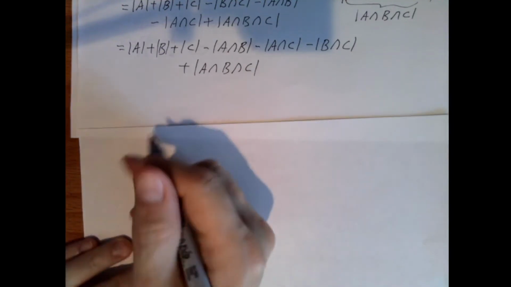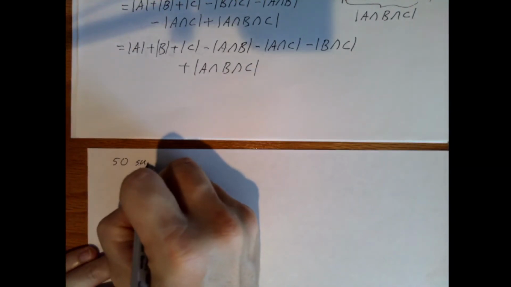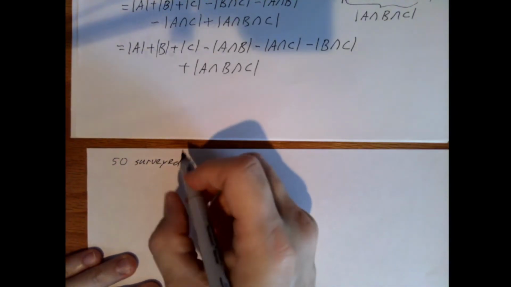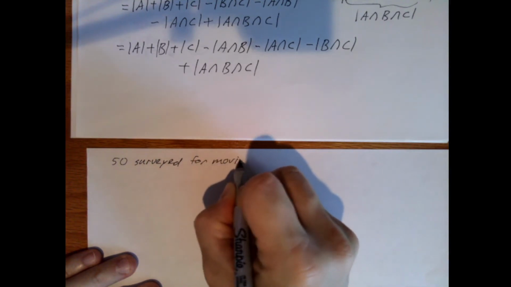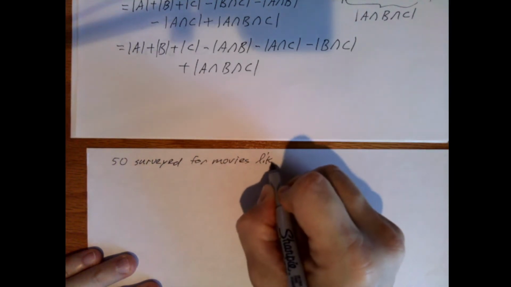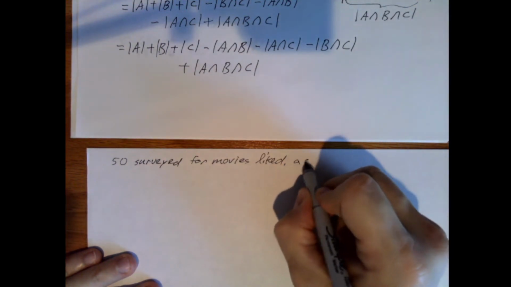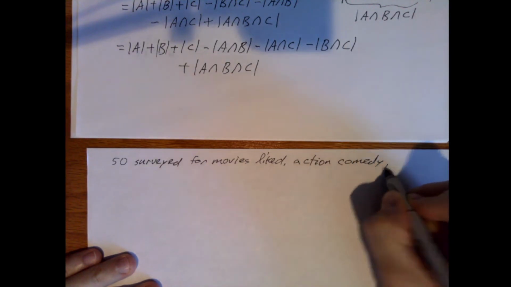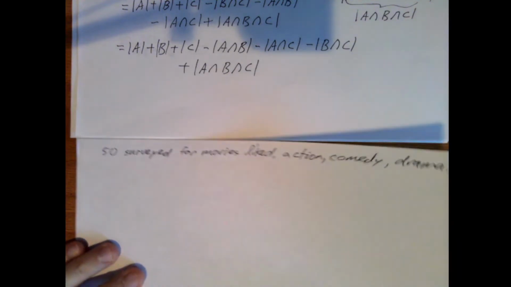So let's say now that what we have is 50 people are surveyed for movies they like. And the options are action, comedy, and dramas. All right.